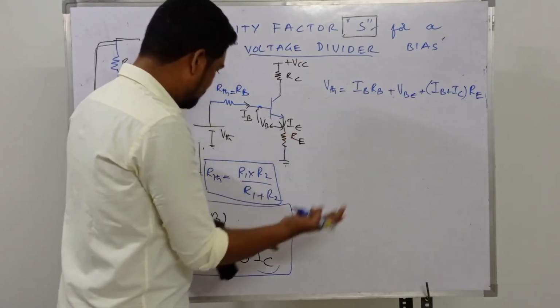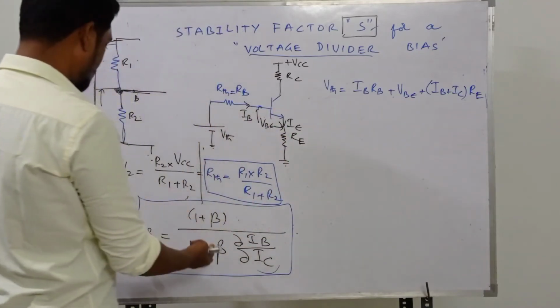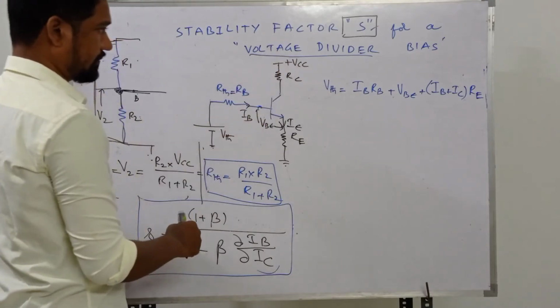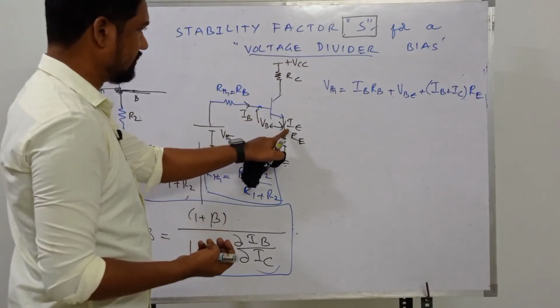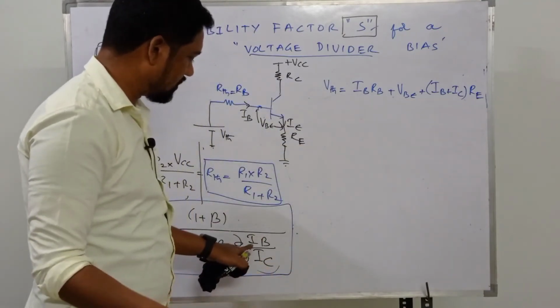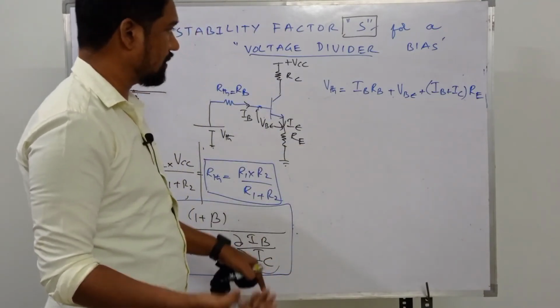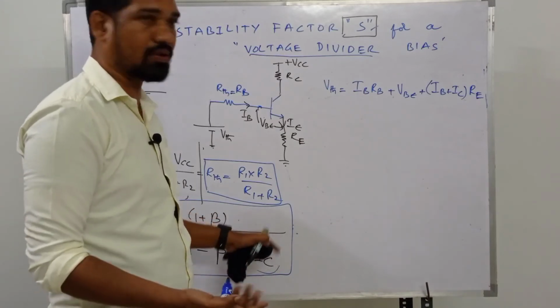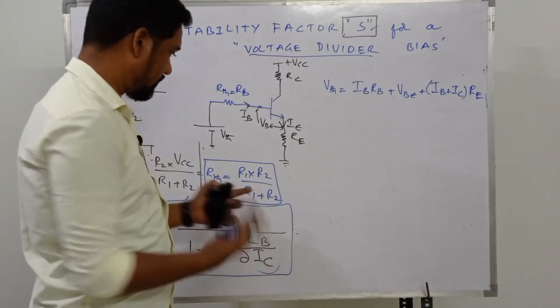IE has got nothing to do as far as this discussion is concerned. Wherever we find IE, that could be plugged in with this one, because we need dou IB by dou IC. So IC is valid, IB is valid. IE has got nothing to do in this expression, right?